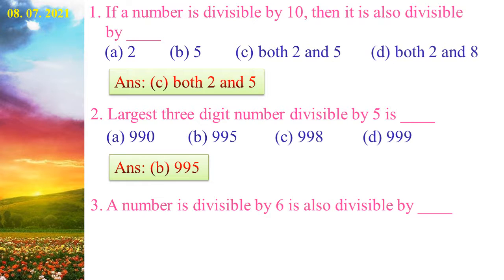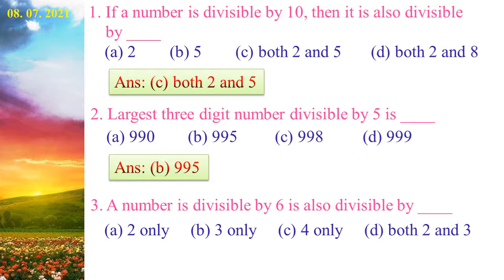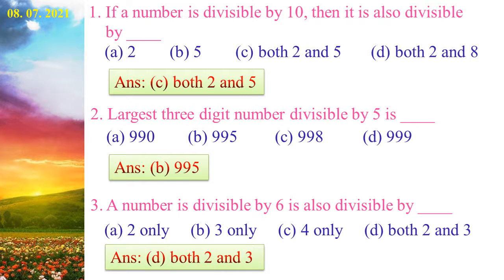Third question, a number divisible by 6 is also divisible by dash. Option A 2 only, option B 3 only, option C 4 only, option D both 2 and 3. Which is correct? Yes. Option D both 2 and 3.